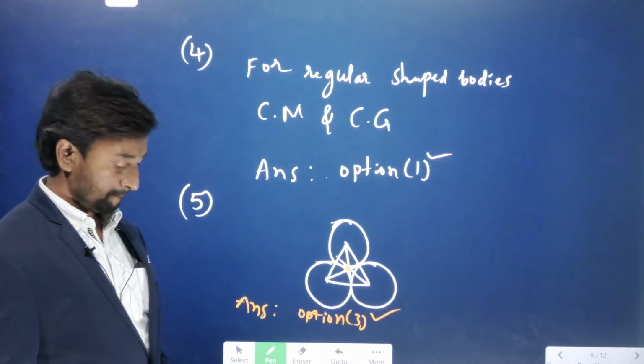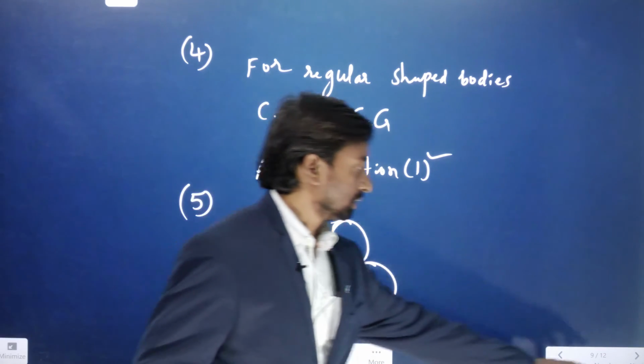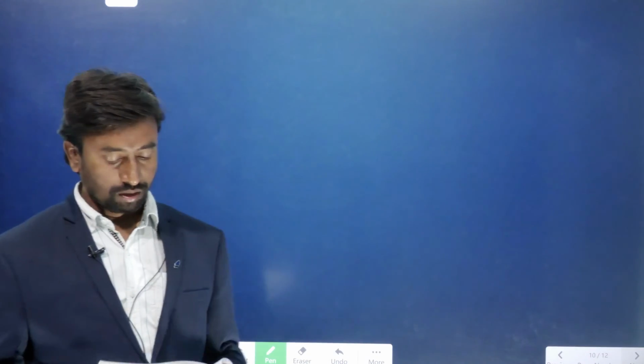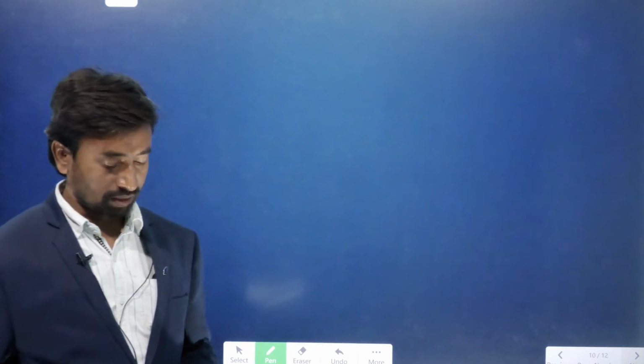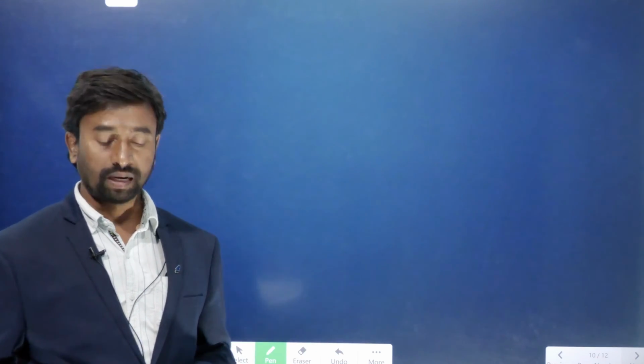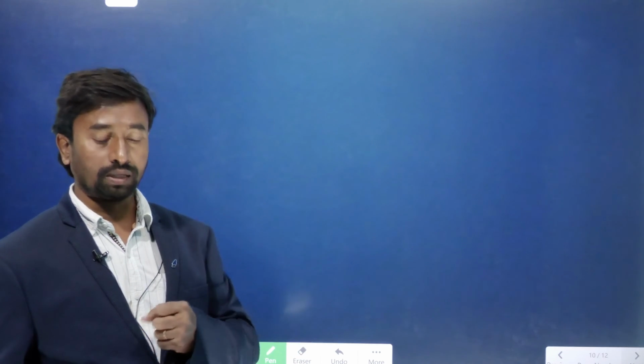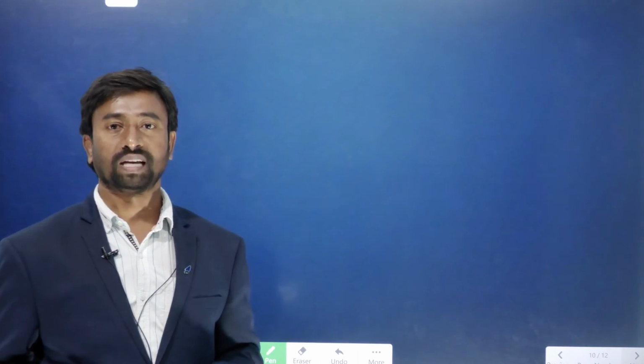Okay. Yes, next, the sixth one. Shift of center of mass generally occurs due to what? The options given are addition of matter, removal of matter, change in shape, and all of the above. So we can consider the fourth option, all of the above. If mass is added to or removed from the body, the shape of the body changes.